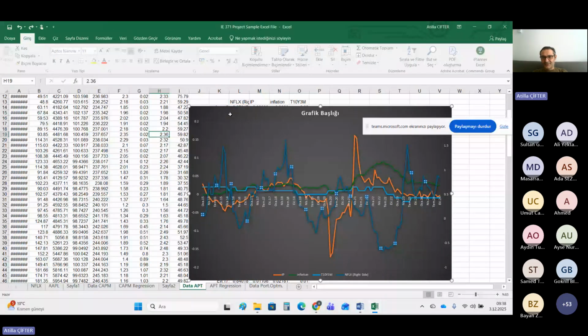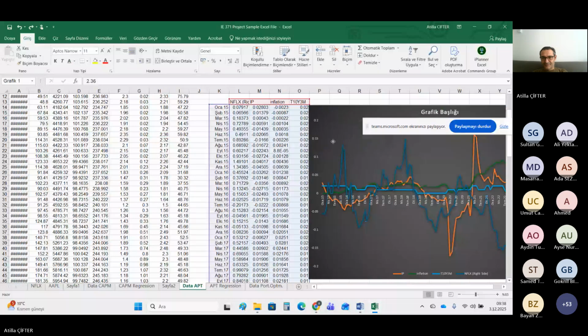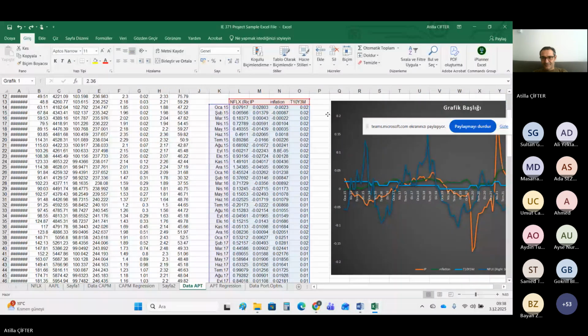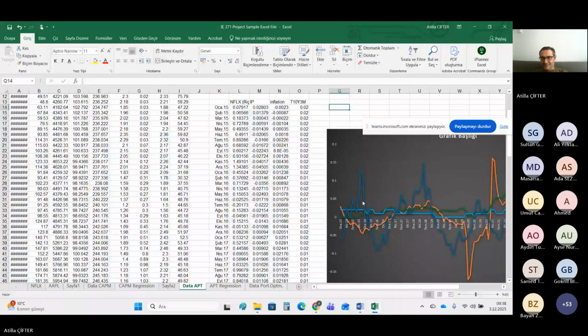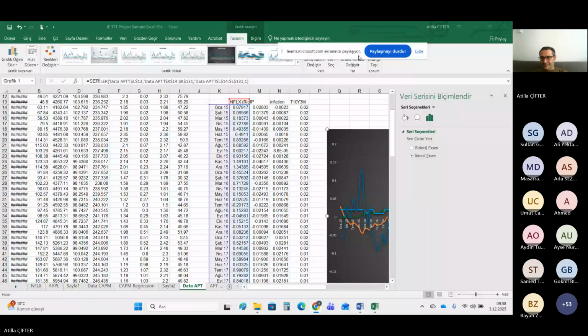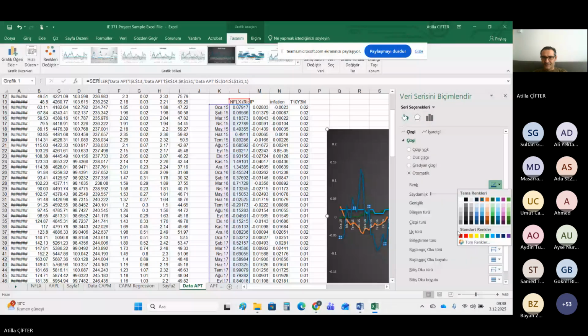So you can change the colors, for instance, this one.